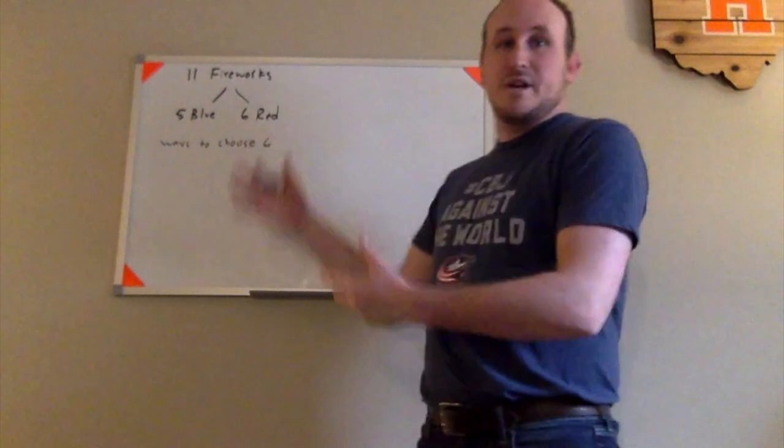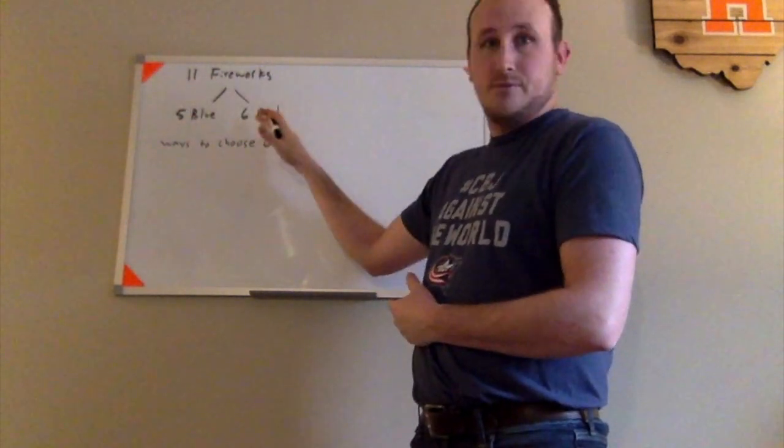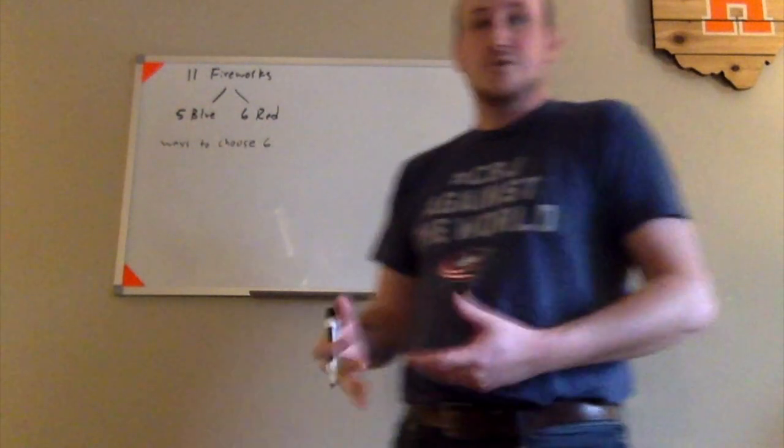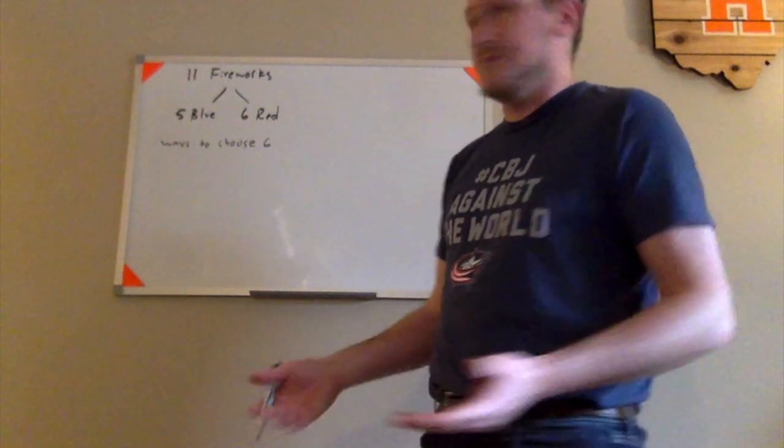Okay, so here's the breakdown of the scenario. We had 11 fireworks, 5 of which are blue, 6 of which are red. We're going to go ahead and list just the ways we can choose 6 things from 2 subcategories of blue and red. I like to always do this.